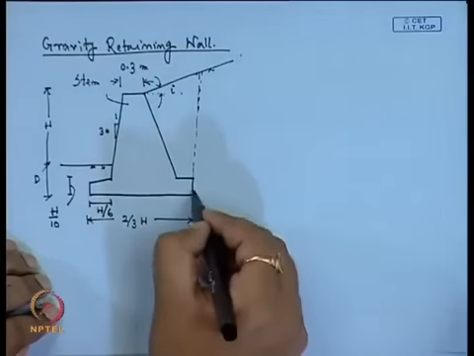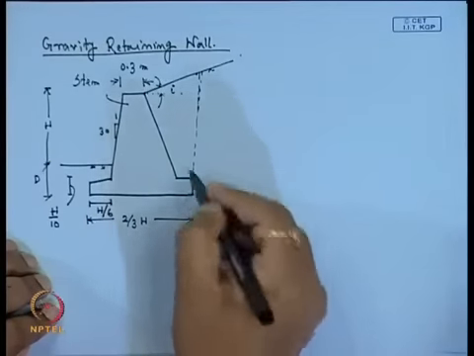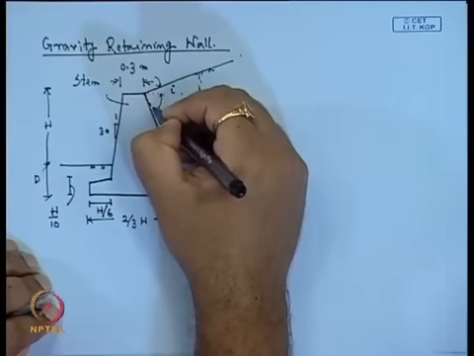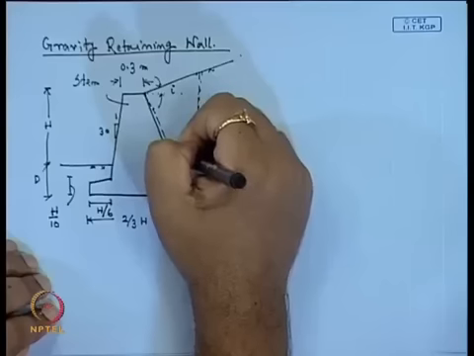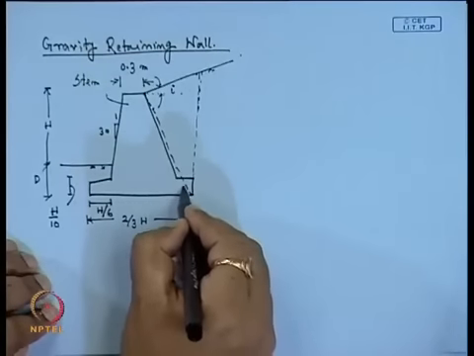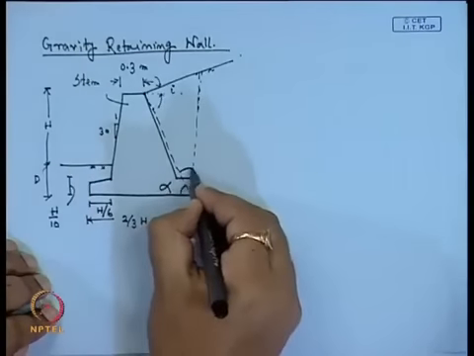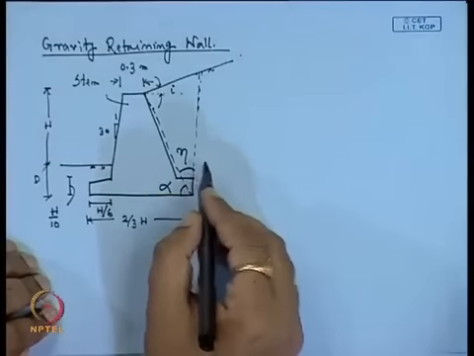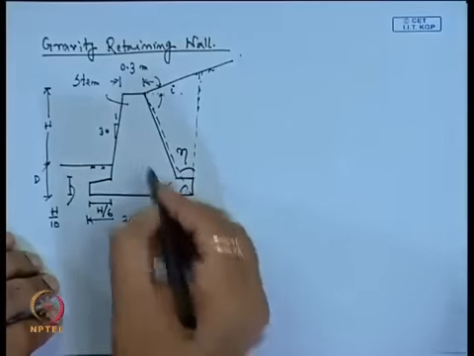Now, if I join this line with this extreme point, and if this angle is alpha and this angle is eta, then what are the forces that will act?